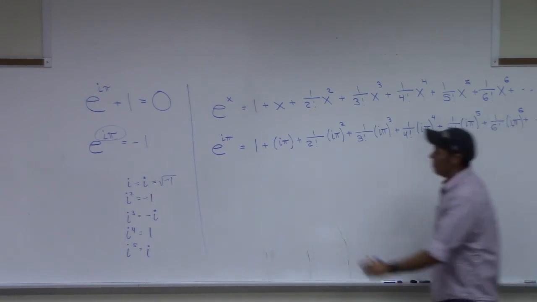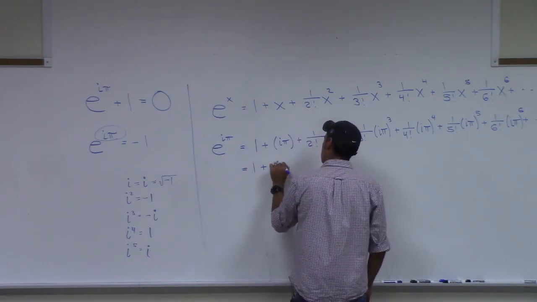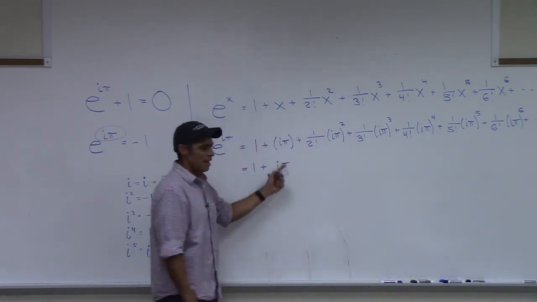Let me keep going here. This is 1 plus i pi, because it's just i times pi.